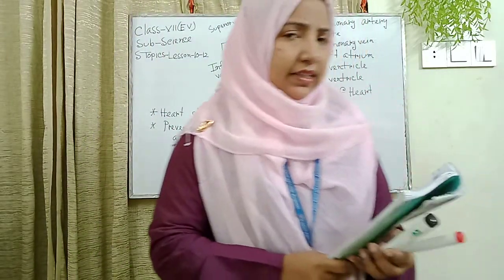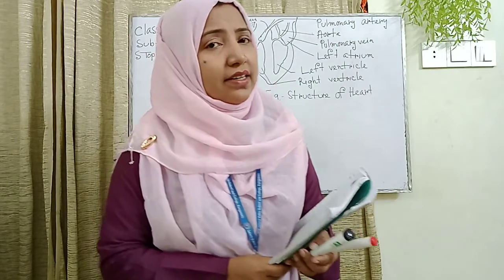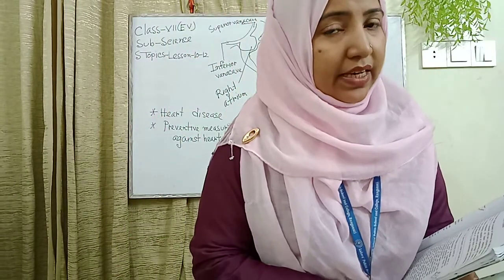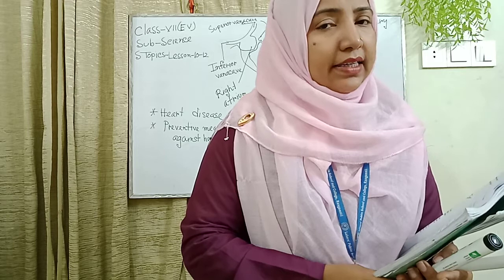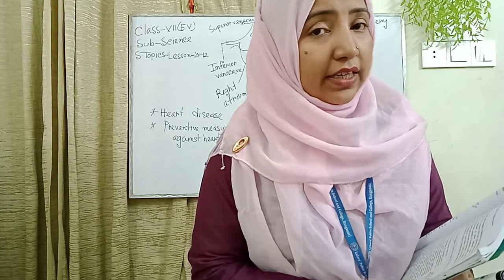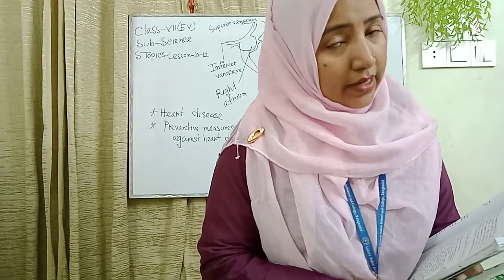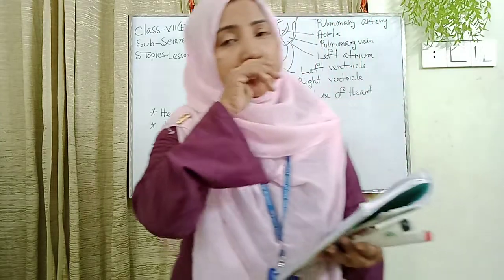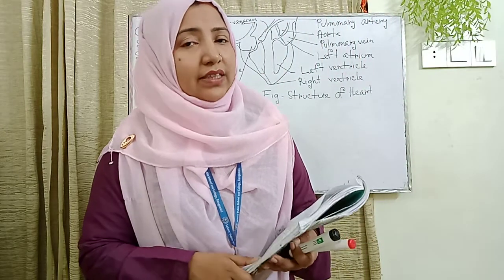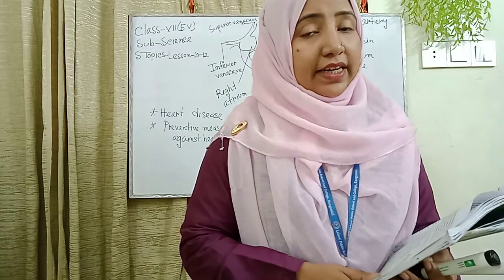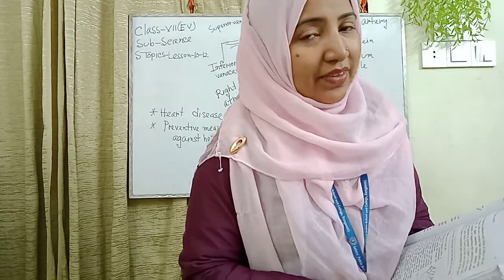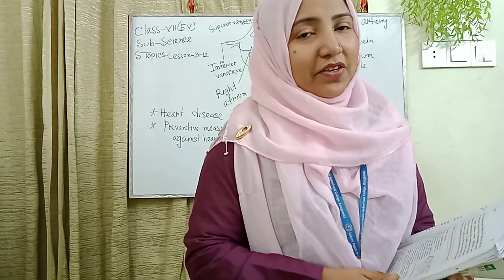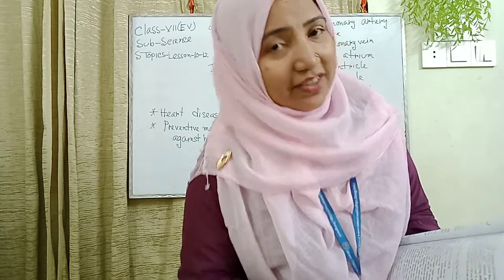First chamber is the left atrium, second is the right atrium, third is the left ventricle, and fourth is the right ventricle.